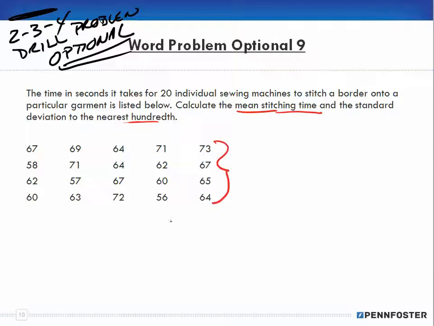It's basically adding all of these numbers together, and whatever you come up with for that total, which in this case ends up being 1292, so when you add all of these together, you get 1292, and then you divide by 20, because there's 20 data points there, and so you get a mean time of 64.6.